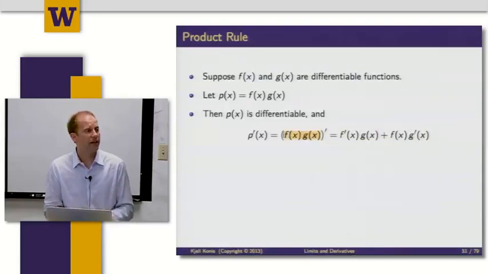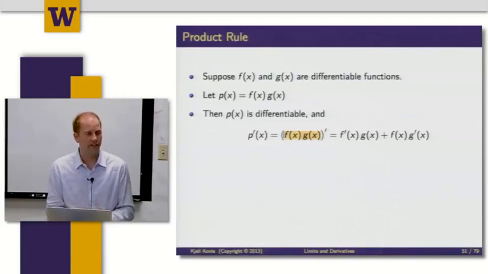My definition of p of x is just the product of f of x and g of x. And the product rule says that the derivative of this is going to be the derivative of the first function, f prime of x, times g of x, plus the first function, f of x, times the derivative of the second function, g prime of x.